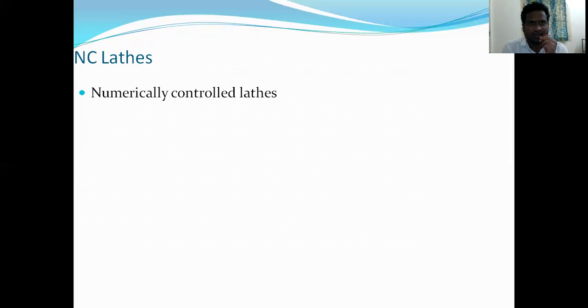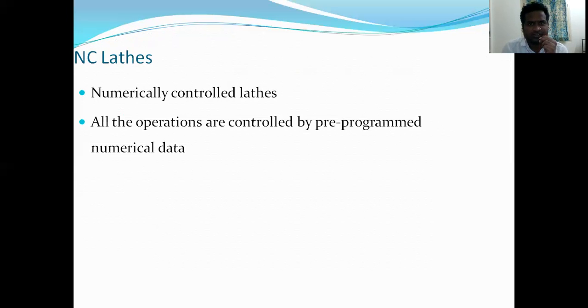NC means numerically controlled lathes. All the operations are controlled by pre-programmed numerical data. For turning, milling, or drilling, the operations are all controlled by pre-programmed data. That data can be stored as numerical data with holes.